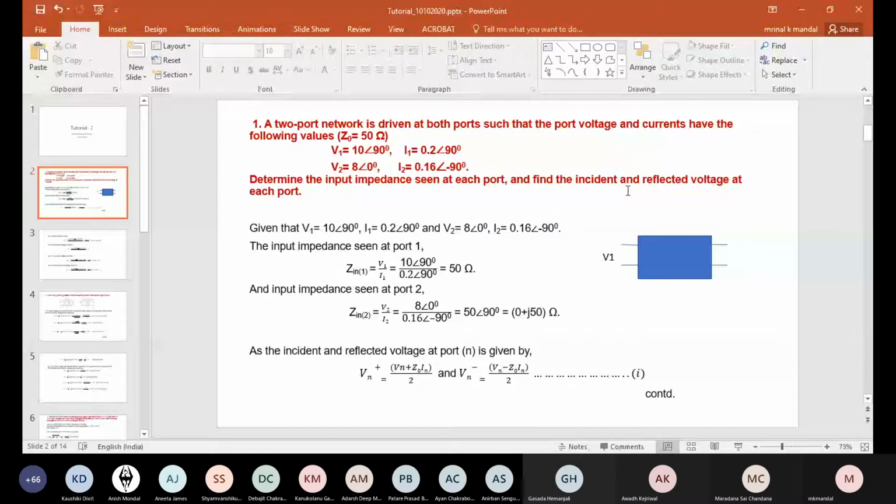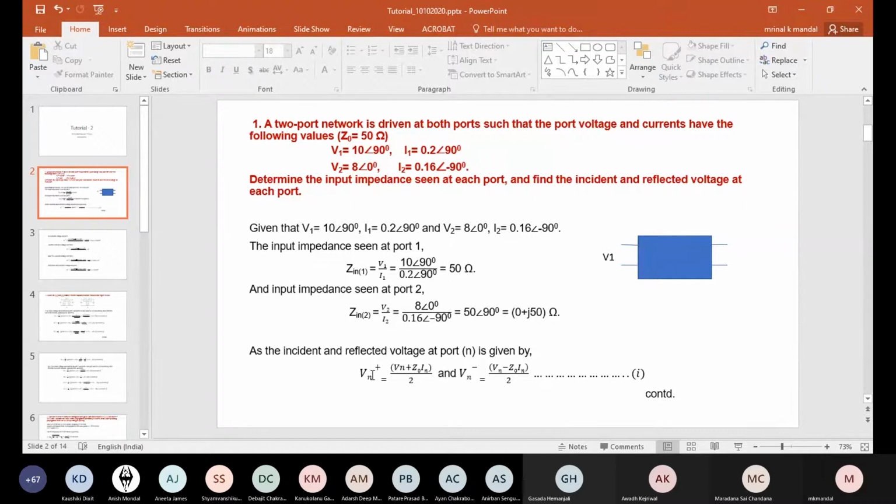Next, incident and reflected voltages. As I said, don't be confused with circuit theory. We consider in terms of electromagnetic wave. So here we are considering voltage wave and current wave. So V1, this port 1 voltage, it is basically V1 plus and V1 minus.